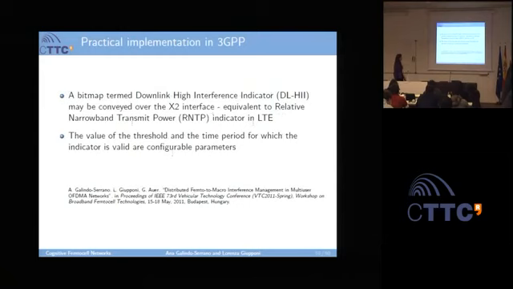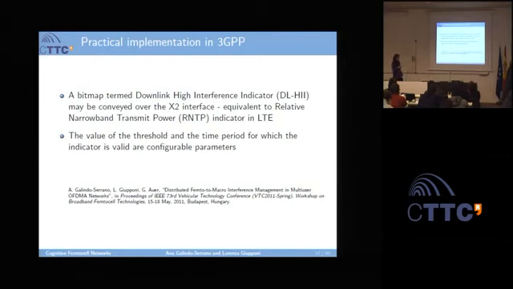Okay, so finally, since as Misha mentioned before, we will need to know some information about the macrocell system performance, and to do this, we propose to the macro base station to send a downlink high interference indicator. We assume that there will be an X2 interface. Since this is not still standardized, we are working on some solutions to solve this problem. And this downlink high interference indicator will be equivalent to the one that Subin explained to us yesterday, which is the relative narrowband transmit power.